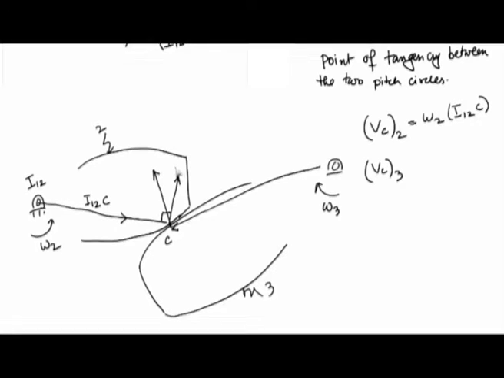This vector denotes Vc taken as a point in body 2, and this vector denotes Vc taken as a point in body 3. Obviously the two velocities at the point of contact don't coincide. Therefore their tangential components don't coincide, but the normal components will definitely coincide, because they have to maintain the engagement during the entire process of meshing.